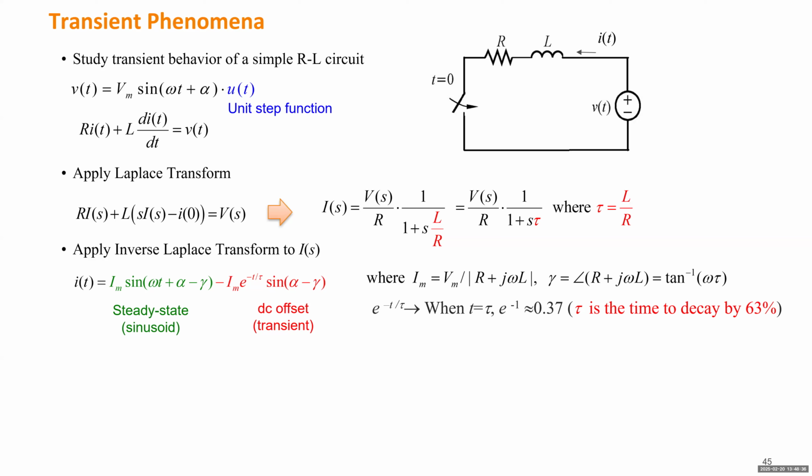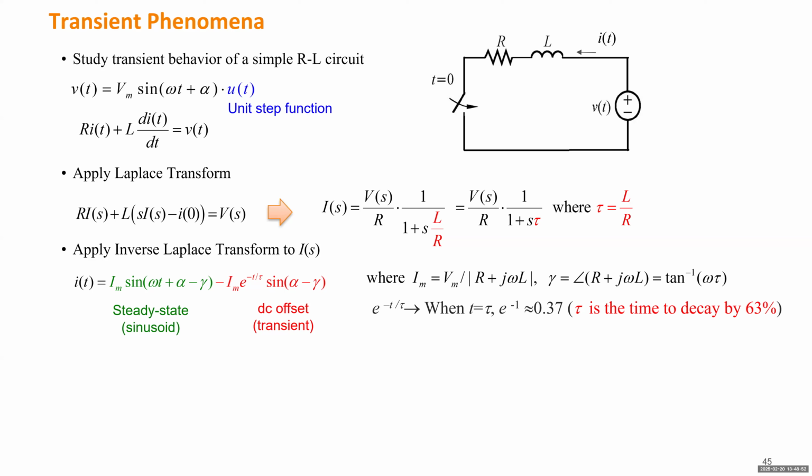So the value is 0.37, which means this decreases to 37% after time tau. That's what it means.